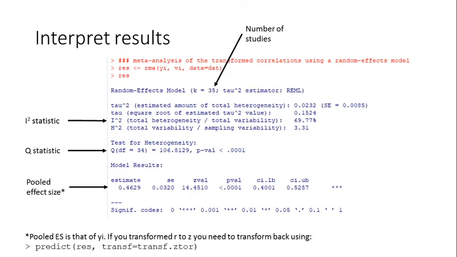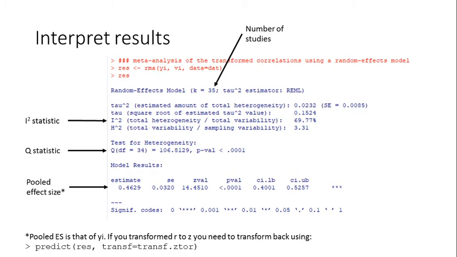So to break this down, it's telling you it's run a random effects model. K is the number of studies, and tau squared means heterogeneity, and that's the estimator it used.